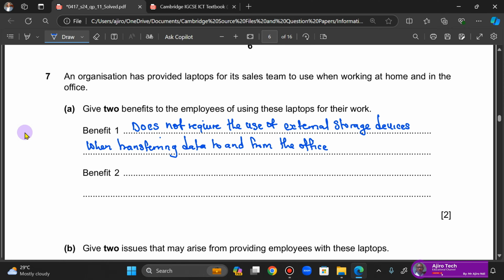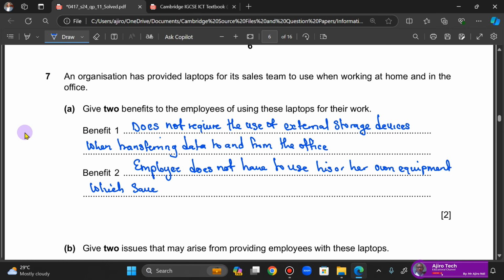So again, the employee does not have to use his, or since we don't know the gender, her own equipment, which saves money for the employee.